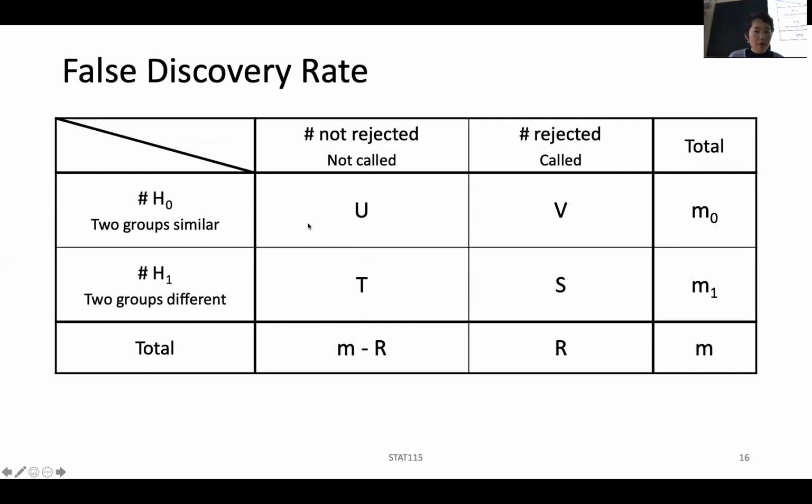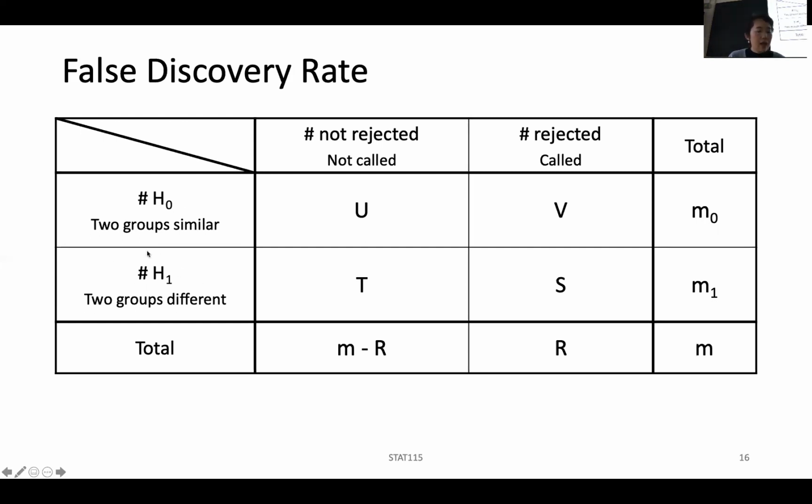If we look at a study like this, the rows are the truth. H0 is your null hypothesis: you say the two conditions or the two groups of samples are actually similar, with no difference in gene expression.